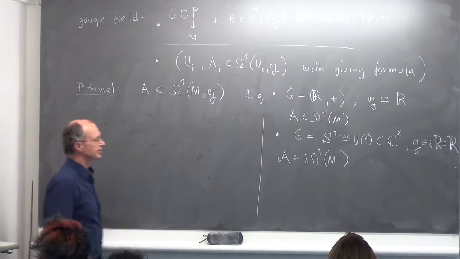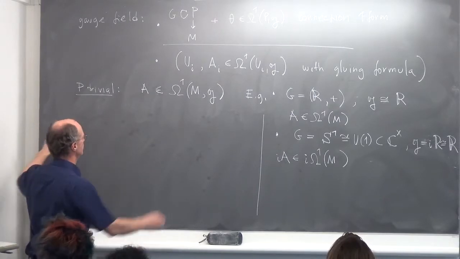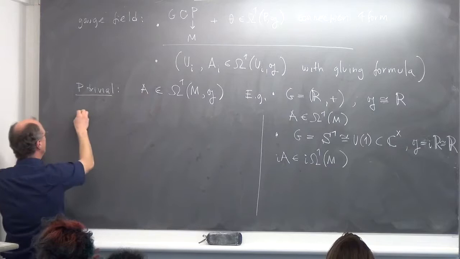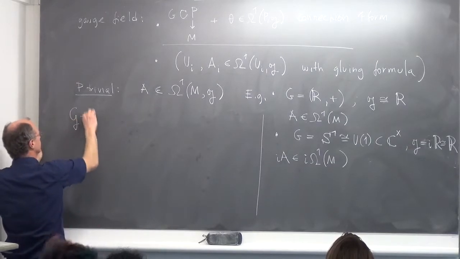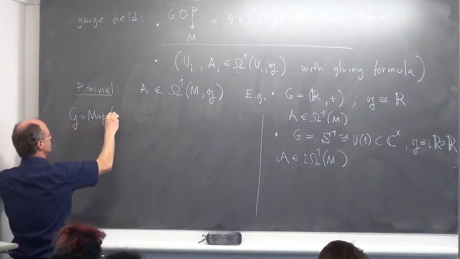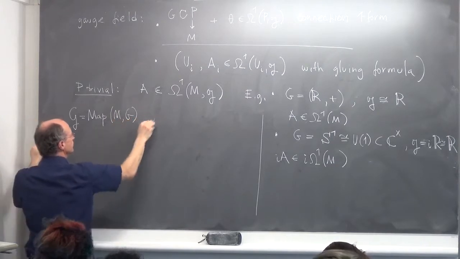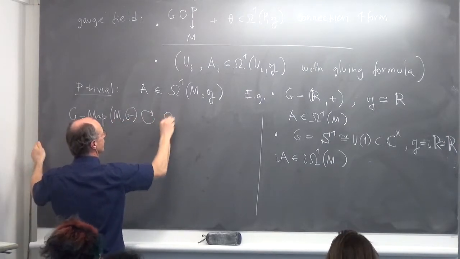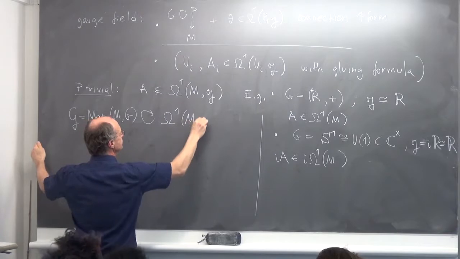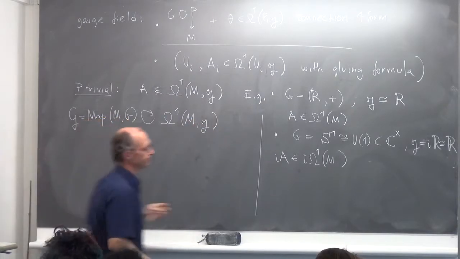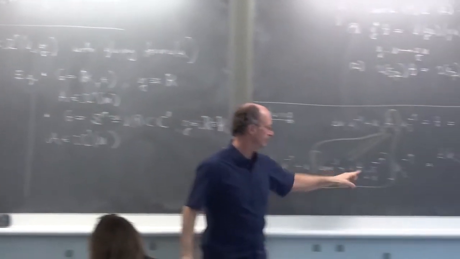Now, what about the gauge transformations? Well, in this particular case, this group G, maps from M to G, acts on Ω^1(M), and the action is simply given by this formula.